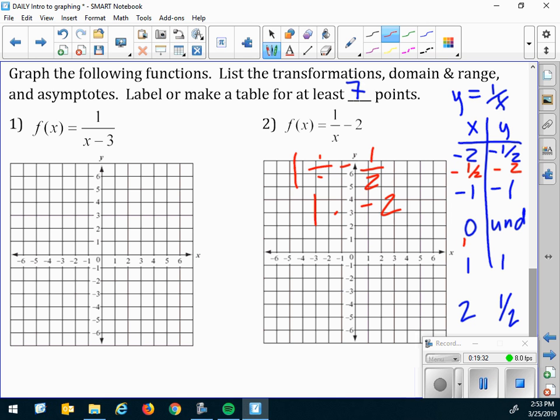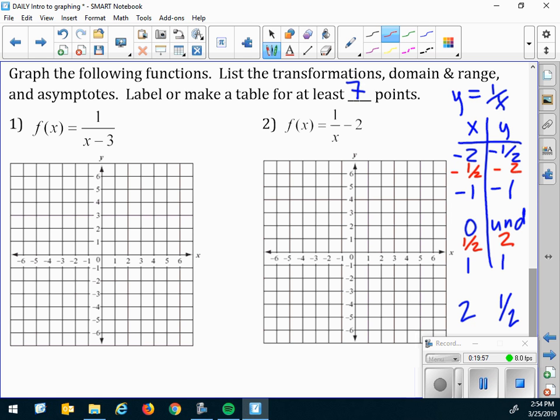And then let's stick in 1/2. 1 divided by 1/2 would be 2. That'll give us our 7 points, and that'll give us plenty to have a decent picture. Now, are you okay with where we got all these y values?